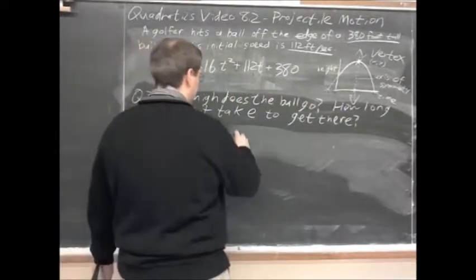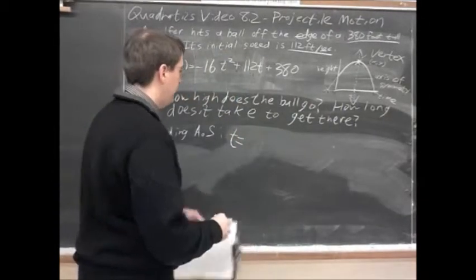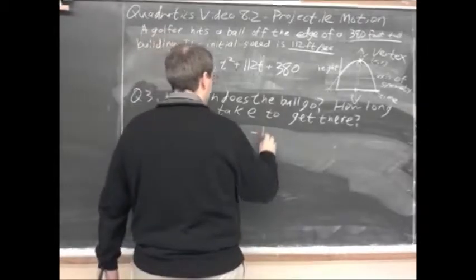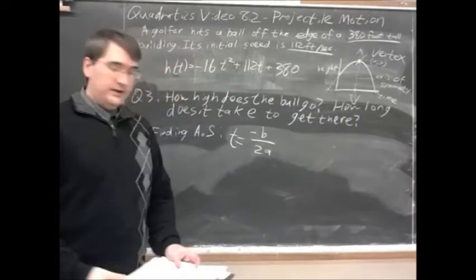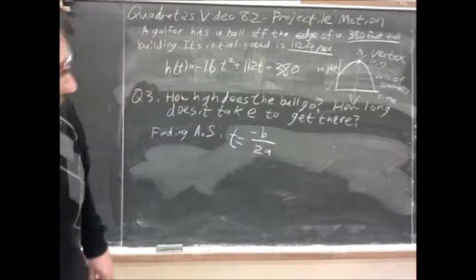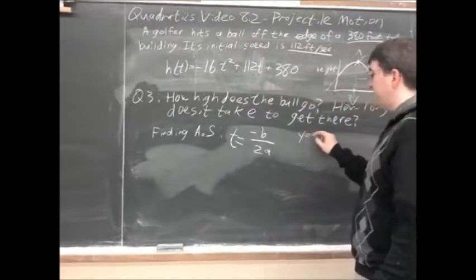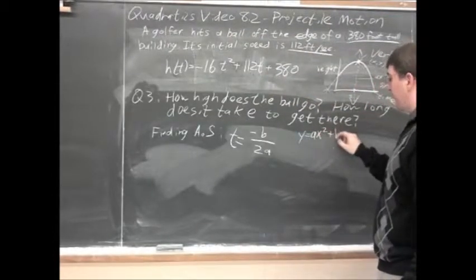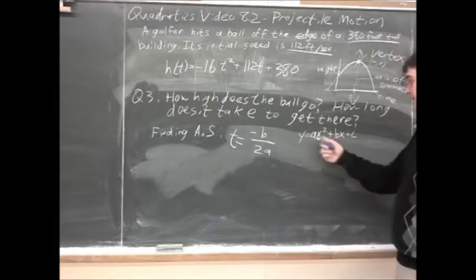The general form, in this case I'm going to use t instead of x, is negative b over 2a. Now, we have to be careful exactly how this works, because this refers to the general form for a quadratic equation, this whole ax squared plus bx plus c that your teacher might have used.